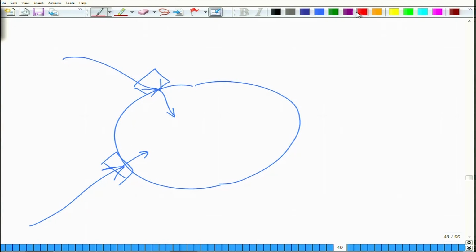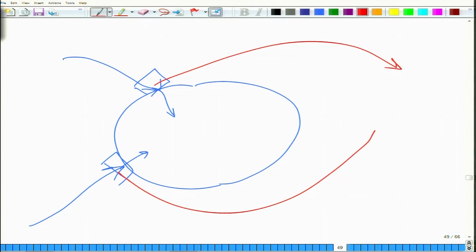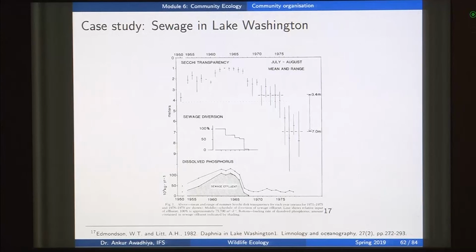So, after a while it was decided that we are not going to put any of this treated waste into our lake and we are going to push it into the oceans, so that you do not have any more sewage put into Lake Washington. Now, this lake was studied as an example of how communities change.